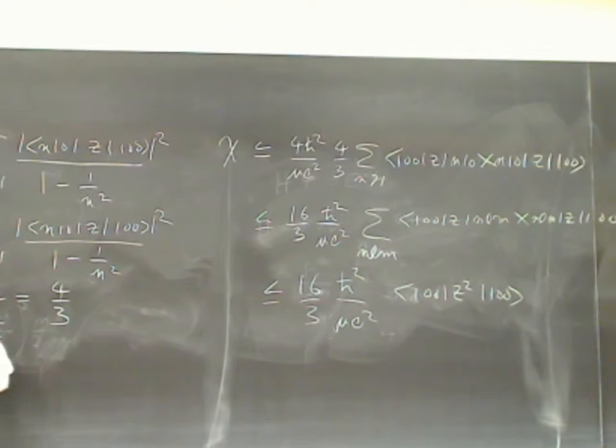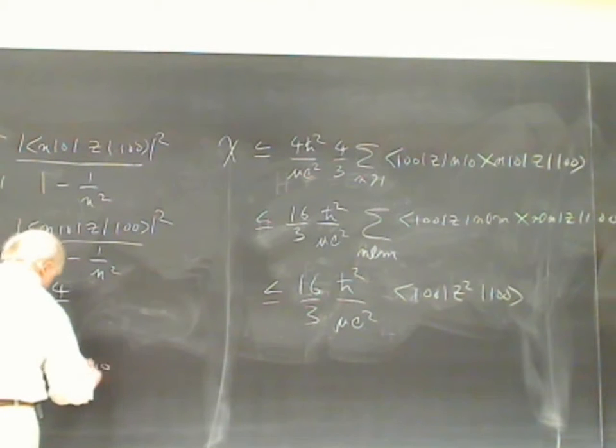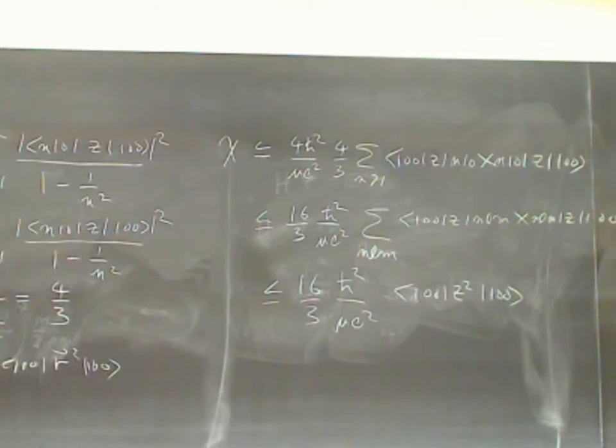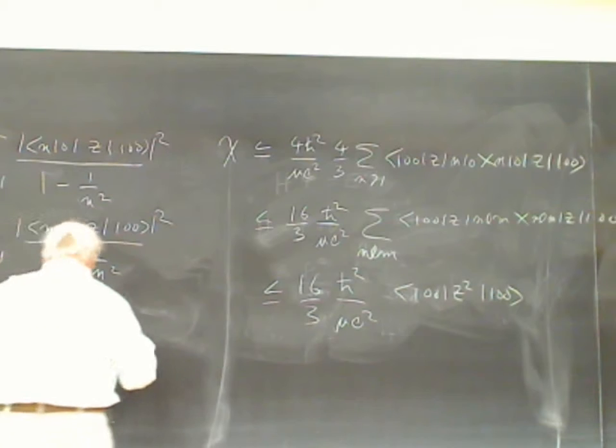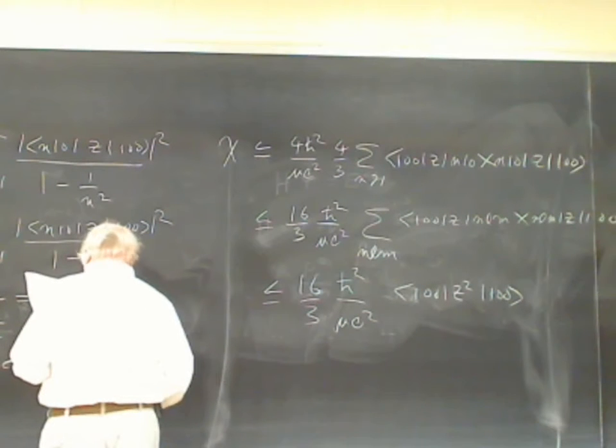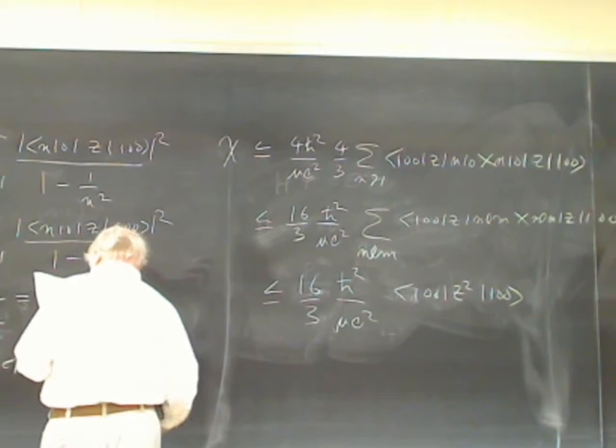Well, obviously it's a third <1 0 0|r squared|1 0 0>, because the ground state of hydrogen is spherically symmetric. Okay, well this one is just simply 1/3.